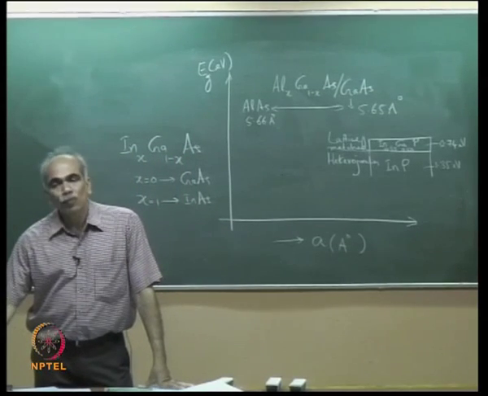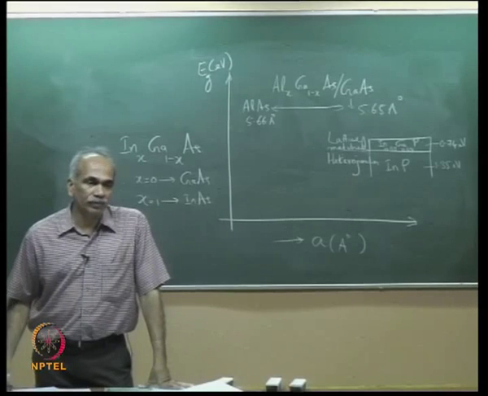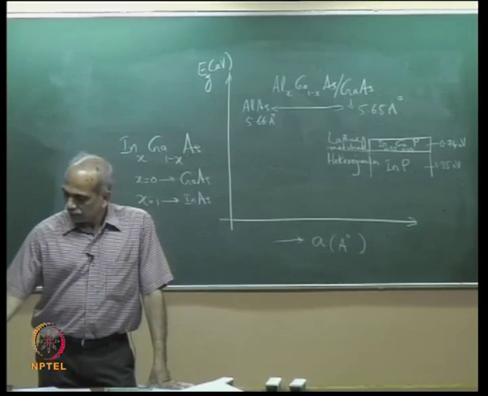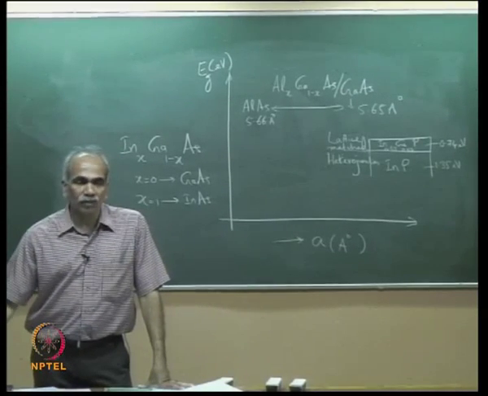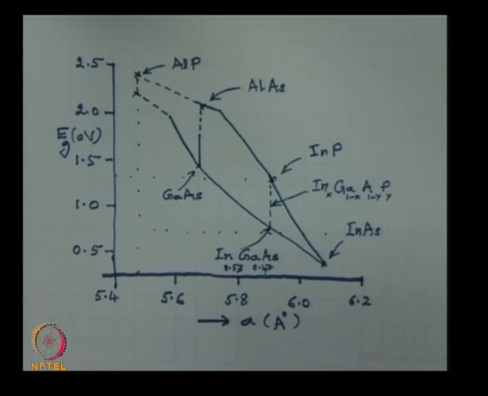I have taken a small portion of this graph, a small portion of lattice constants. If you go for gallium nitride, aluminum nitride, the lattice constants are very small, 3.3, 3.4, 3.1 angstroms. So they are not lattice matched here. You can go to another portion for materials which are relevant to UV or infrared.